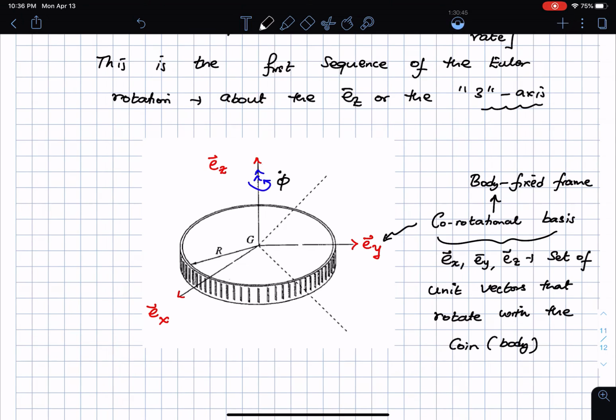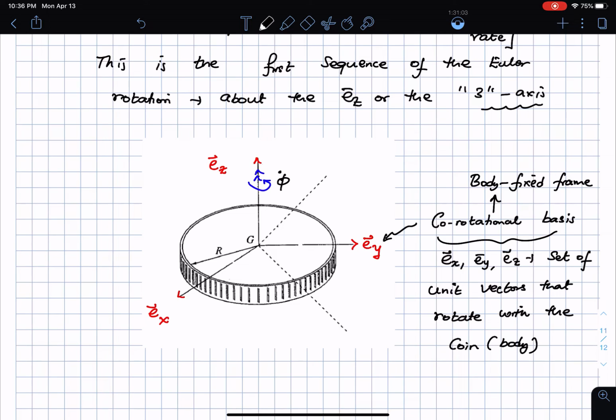And of course, outside this body is the fixed frame, and you can think of the fixed frame as some E capital X, E capital Y, E capital Z. At that point in time, it can be coincident with EX, EY, and EZ as shown here. So this is not necessarily a fixed frame that I have here. This is a co-rotational frame.